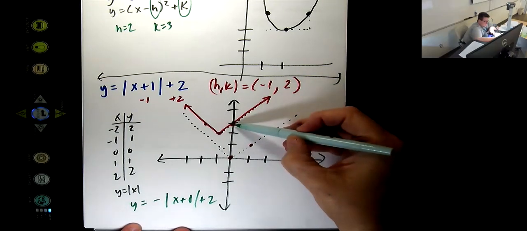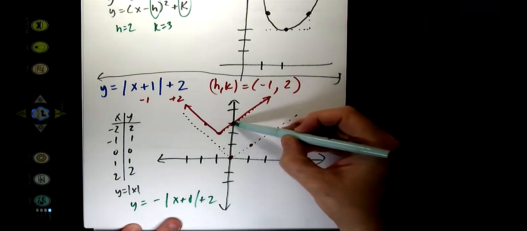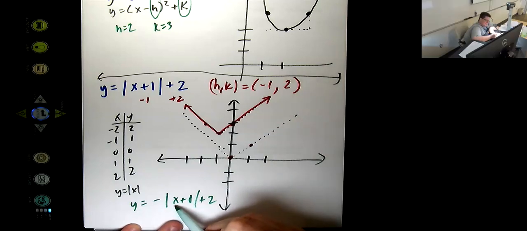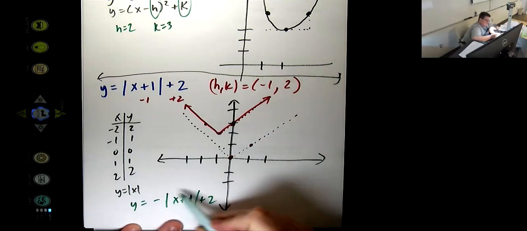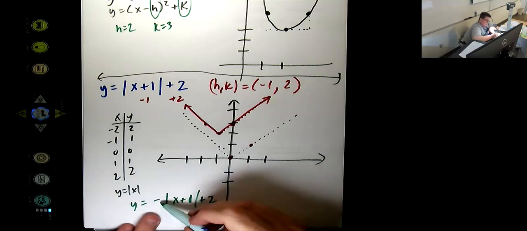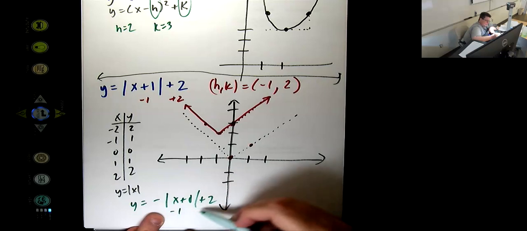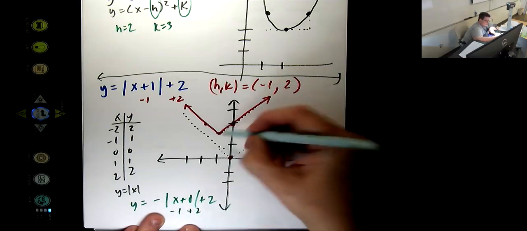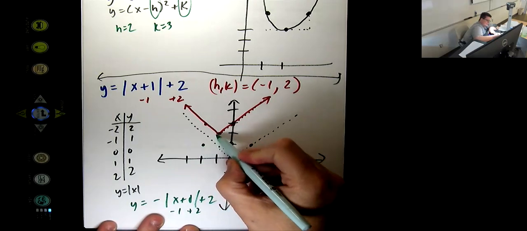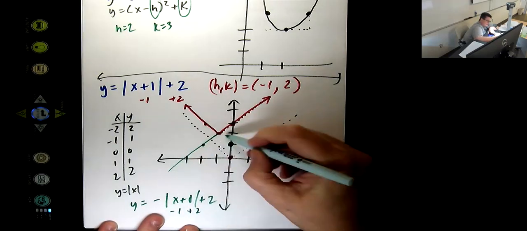Let's see where this point ends up. Where does 0 end up now? If I plug in x equals 0, I get 0 plus 1 is 1, absolute value of 1 is 1. But then I make it negative, so it's -1, plus 2 is +1. It's right there. The negative is reflecting it here.